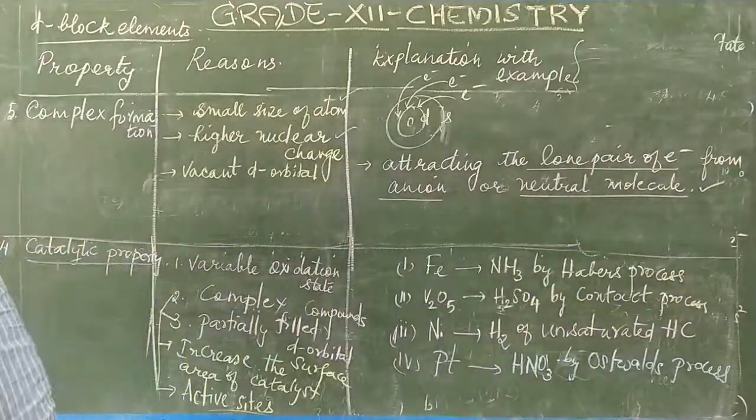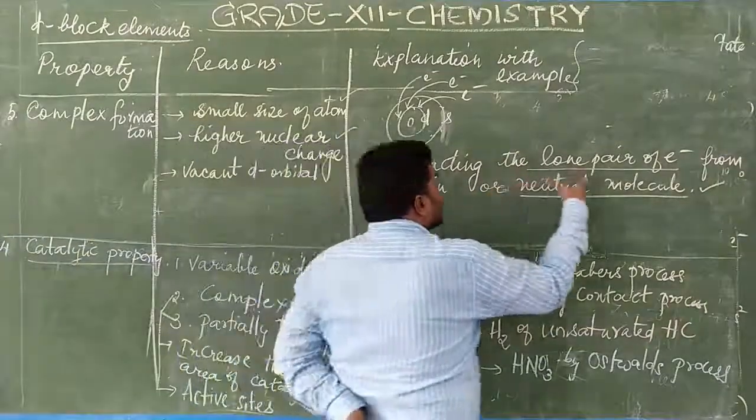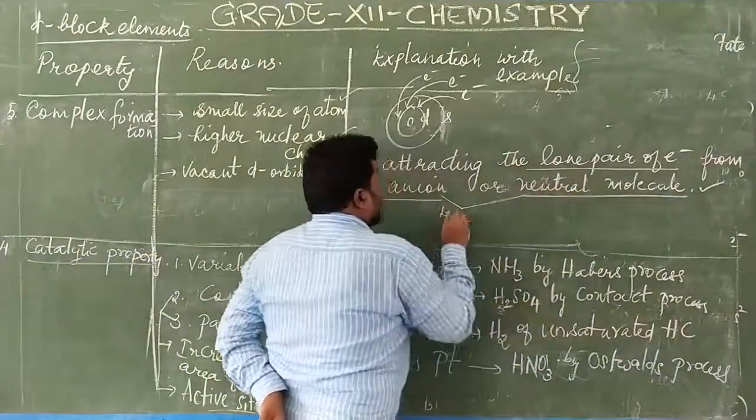So that is called as complex formation. The anion or the neutral molecule, I can call it as a ligand.